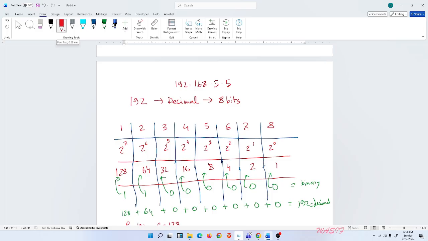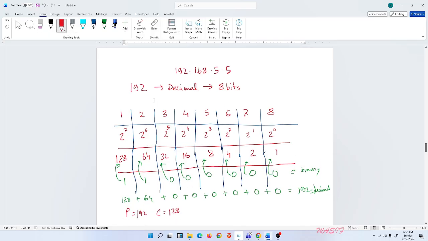For this IP address, 192, you have got 8 bits. This is the first octet, this is the second octet, this is the third octet, and this is the fourth octet. There are 8 binary digits in each, so you look at here, 8 binaries.